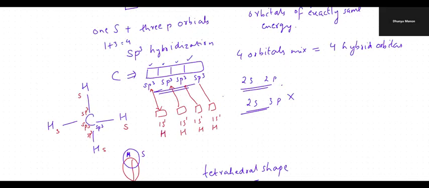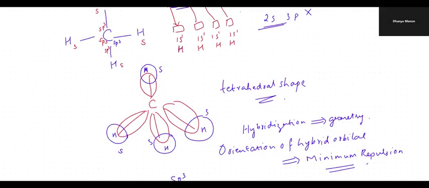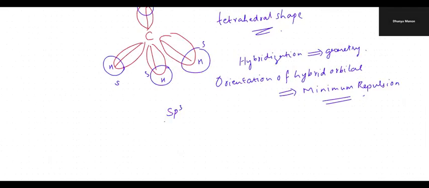So if it is sp3 hybridization, there will be s character plus p character, both. But the p character will be more. As you can see, there are more p orbitals. Okay, so this is about hybridization.